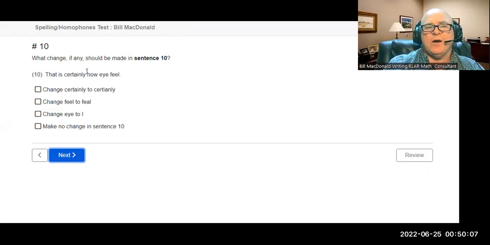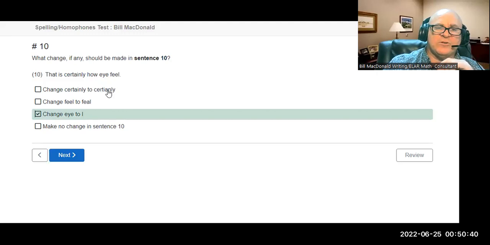What changes should be made in sentence 10? There's sentence 10, capital, moving my mouse and moving my spotter. That is certainly how I feel. And again, there's that eyeball, the body part. But since we're talking about the pronoun, then I'm going to change the I to I. There's no such thing as certainly. There's no such thing as feel.